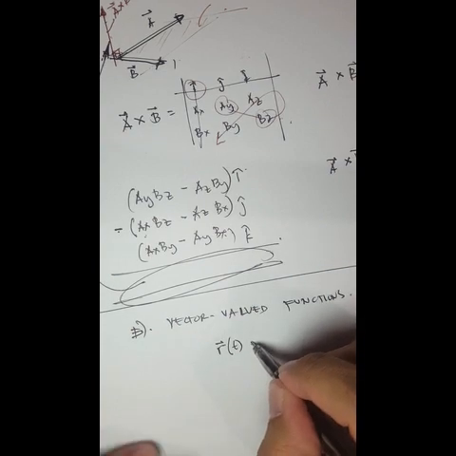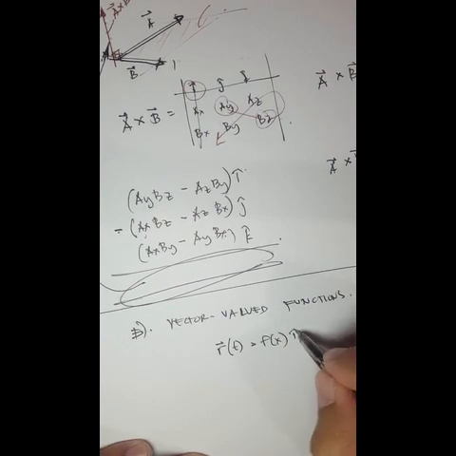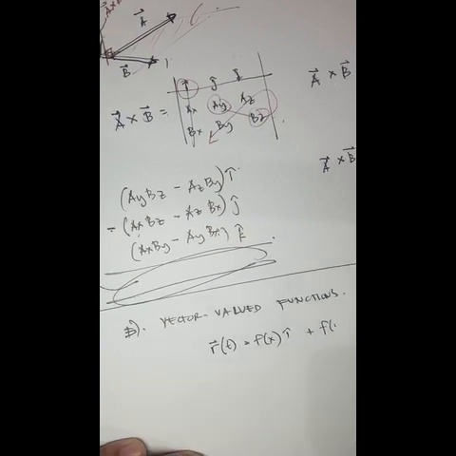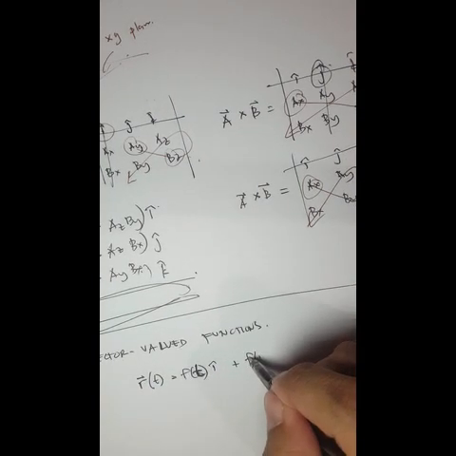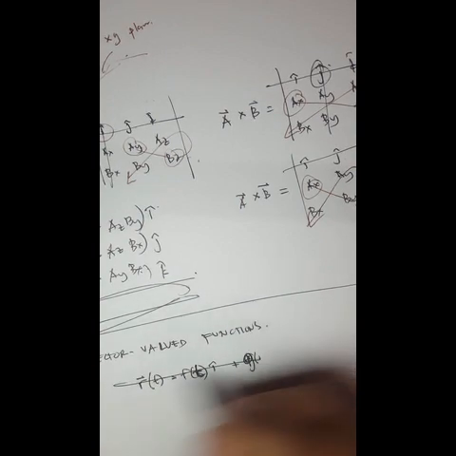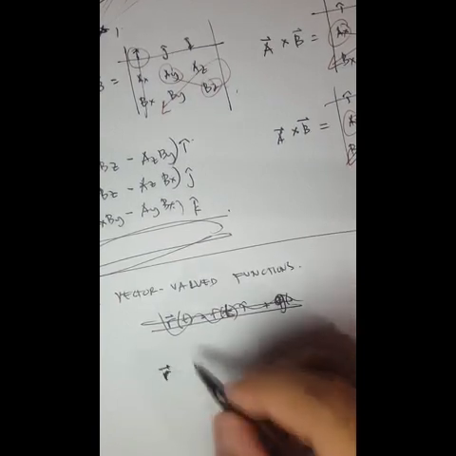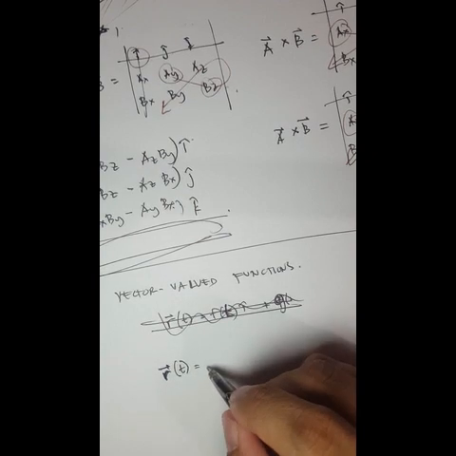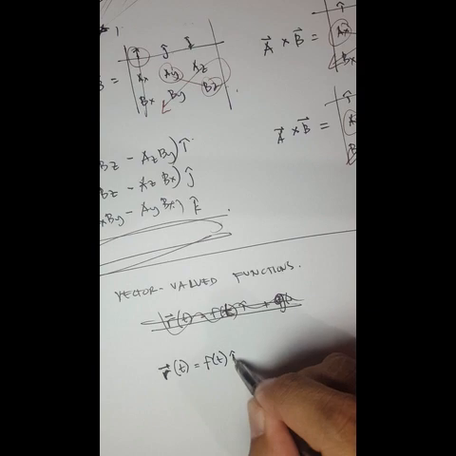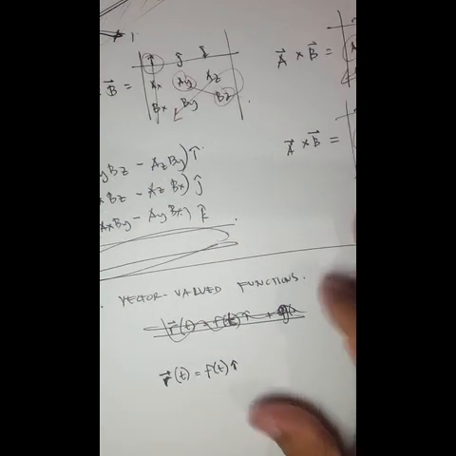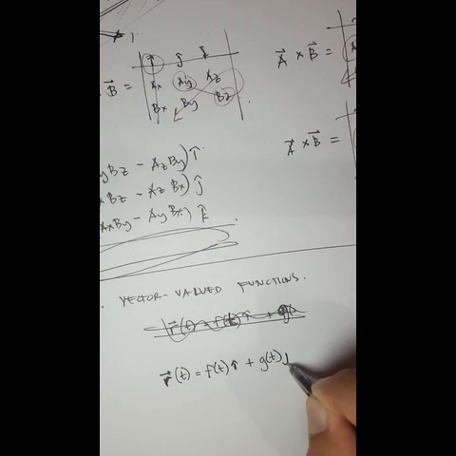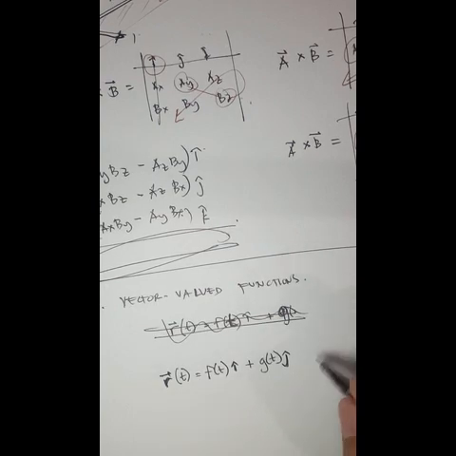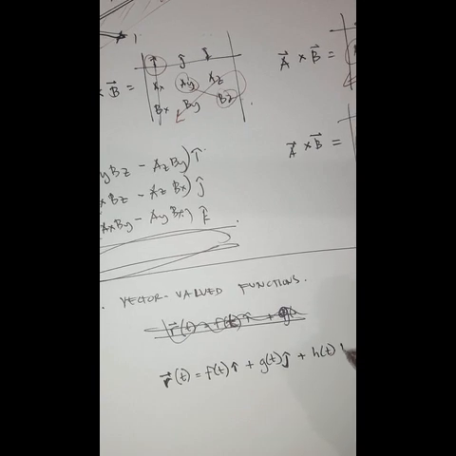We have this function f of t in the i direction, so f is a function of t, then g of t in the j direction, and in the k direction there's another function, h of t along the k direction.